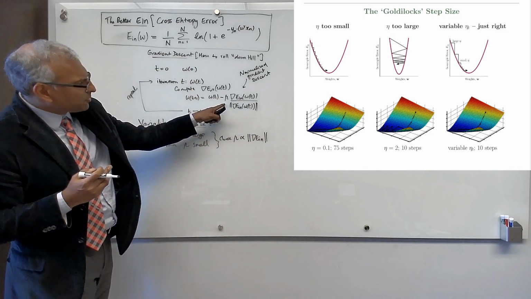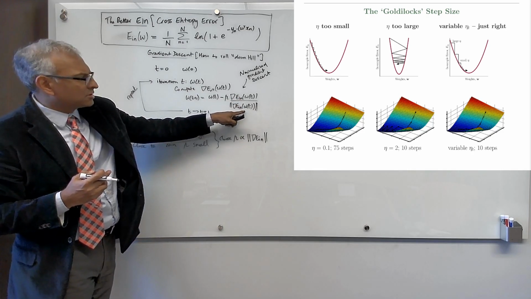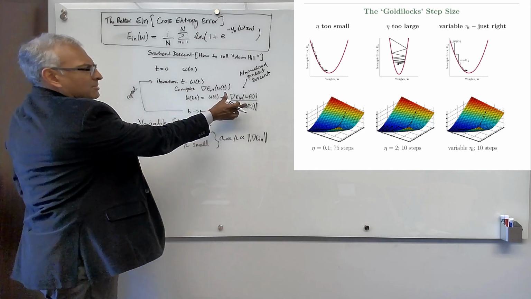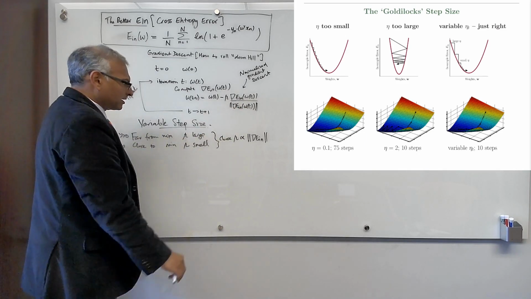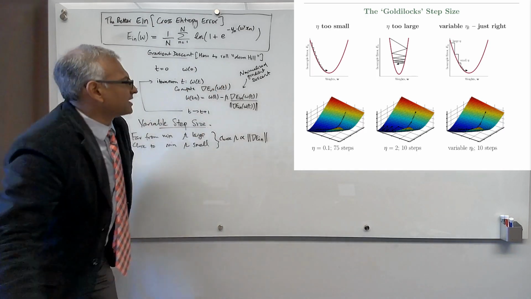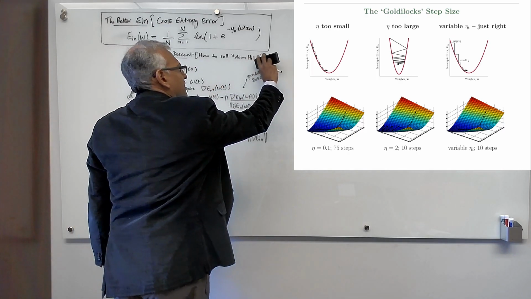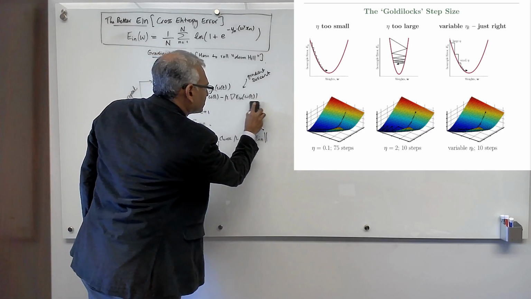But if eta is proportional to the size of the gradient, and the direction has the size of the gradient in the denominator, when I multiply these two, the gradient norm will disappear. And that leads us to regular gradient descent. Regular gradient descent just says, remove the norm of the gradient from in here.